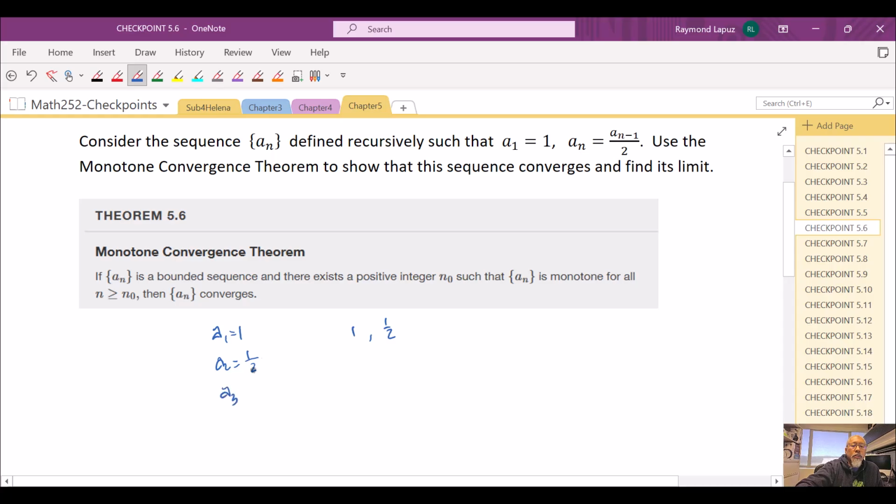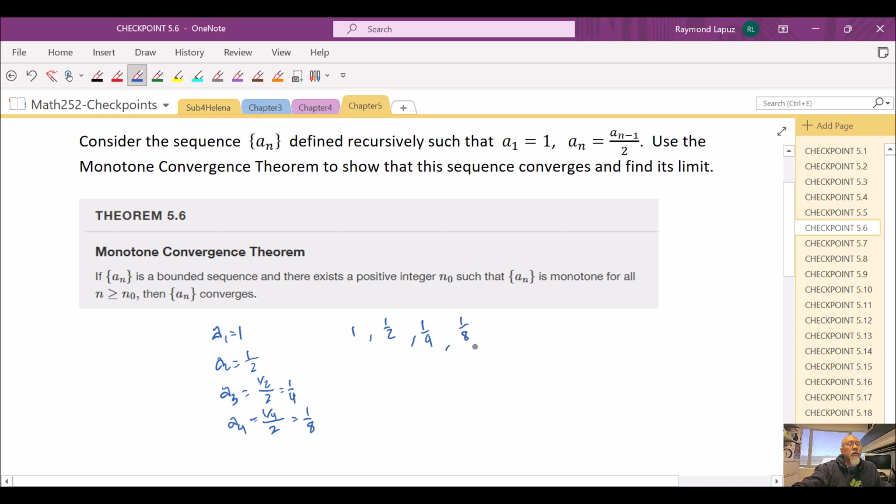A sub 3 is that previous number, 1/2, divided by 2, which gives you 1/4. A sub 4 is equal to the previous number, 1/4, divided by 2, so that gives us 1/8.